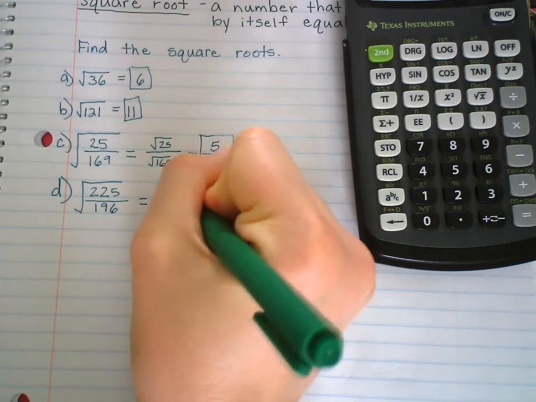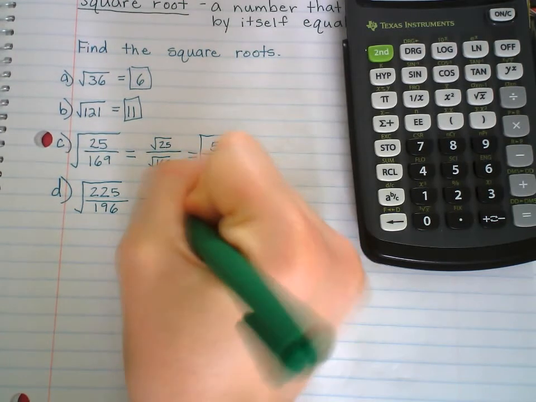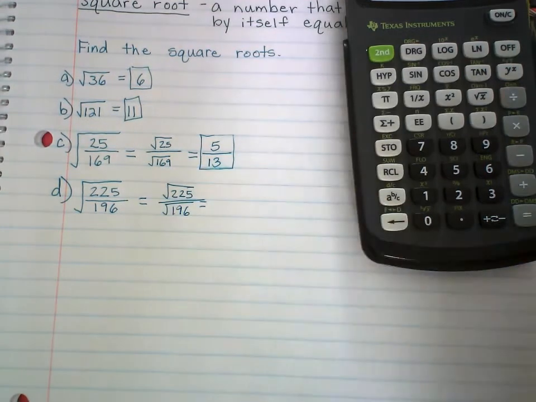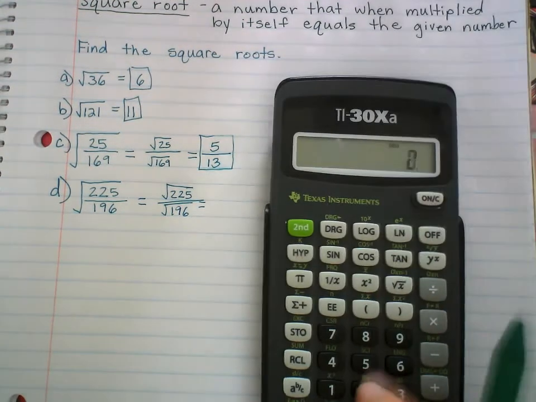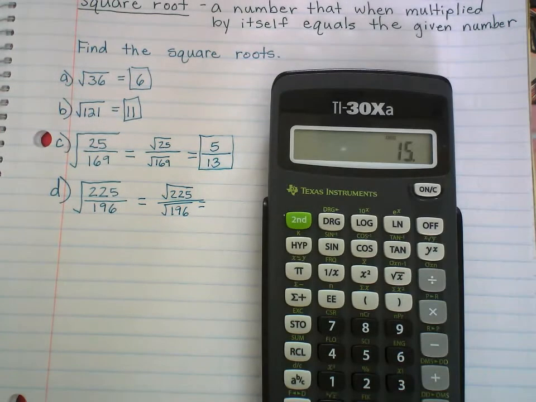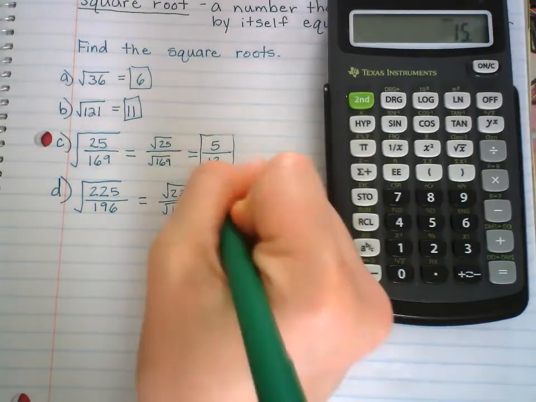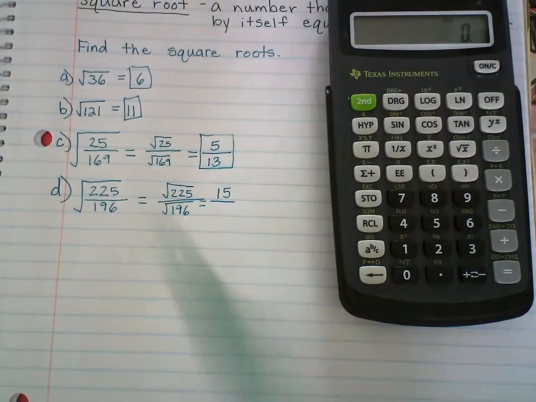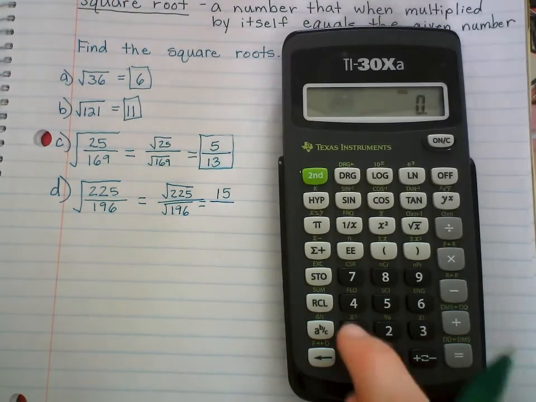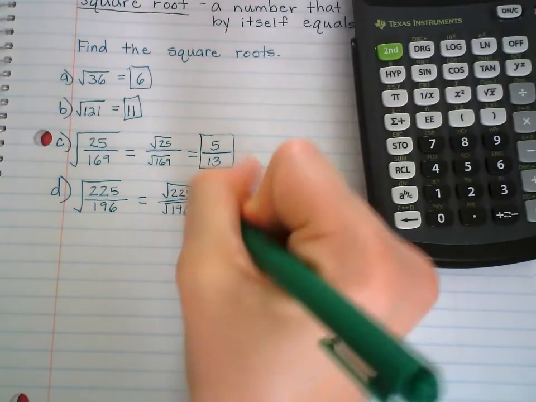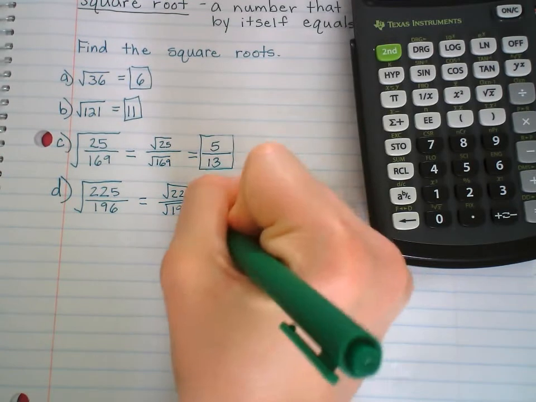Square root of 225 divided by the square root of 196. Well, the square root of 225 is 15. And the square root of 196, so what number times itself is 196? 14. So 15/14.